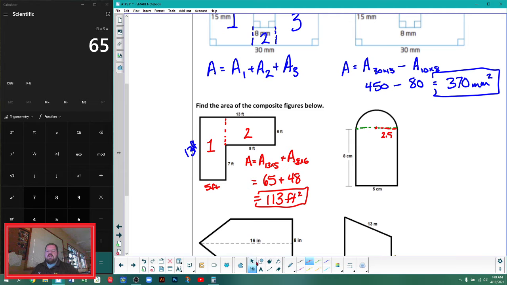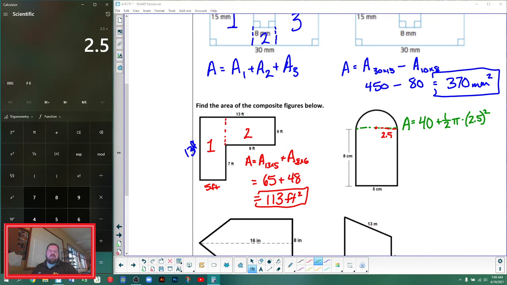Okay. So then figuring out some of the values that we need, it's going to be an 8 by 5 rectangle, and 8 times 5 is 40, plus half the area of this circle. So it's going to be half pi times the radius, 2.5 squared.